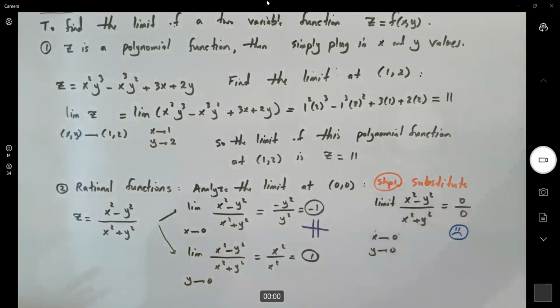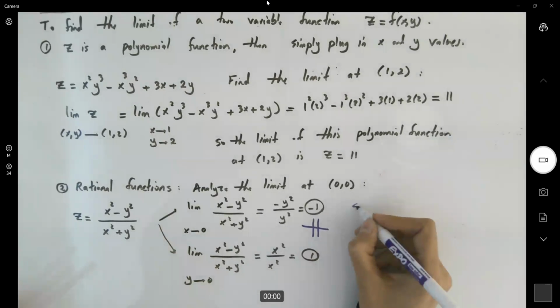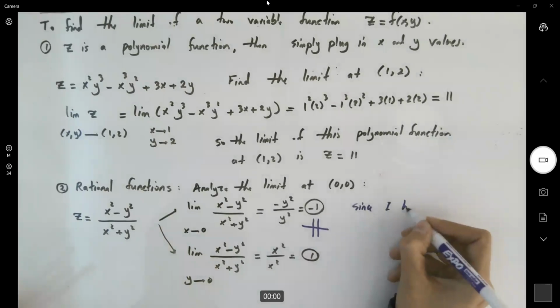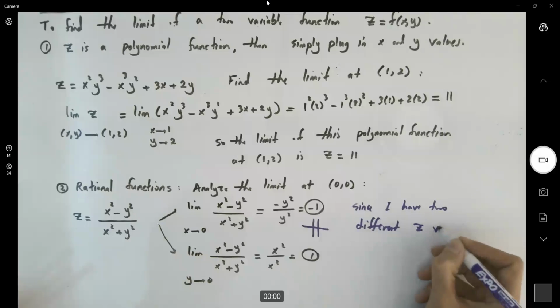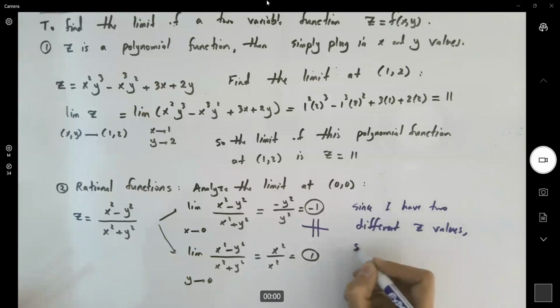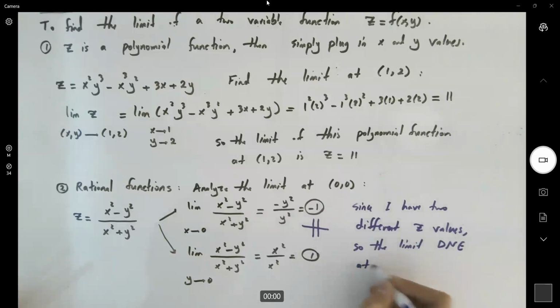So let me erase this part. Since I have two different z values, the limit does not exist at the origin.